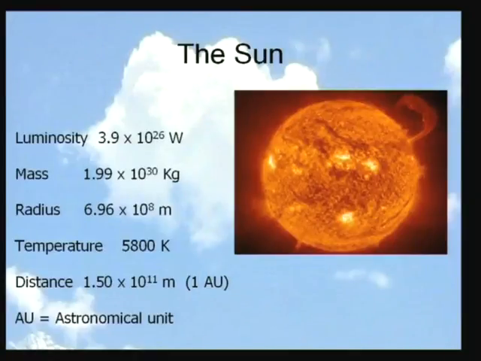The most dominant component of the solar system is the sun, and the luminosity of the sun is 3.9 x 10^26 watts. This is a very important quantity, and the solar luminosity is going to play a very important role in all of the discussion of astrophysics and astronomy.